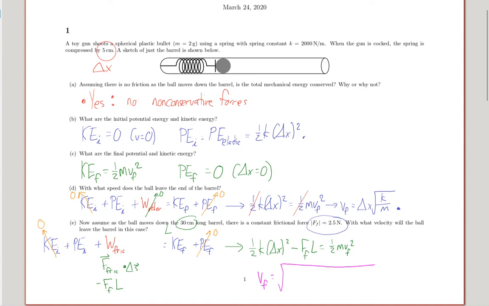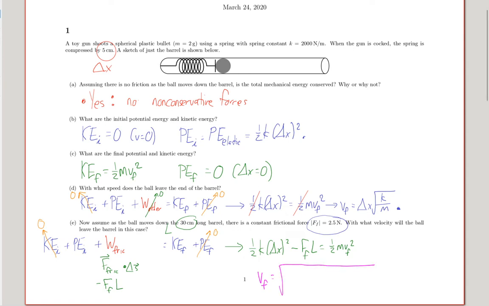Going to multiply through by 2 here, so this is going to give me k delta x squared minus 2 times the force of friction times the length. I'm not going to put in the numbers for this problem because, oh, I completely forgot the mass. Sorry. I'm going to erase this and do it right. I forgot to divide by the mass. It's close to midnight and I'm very tired.